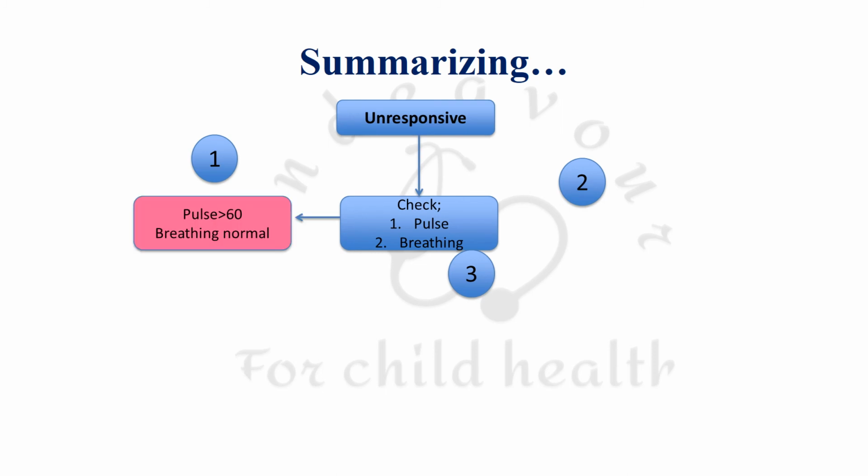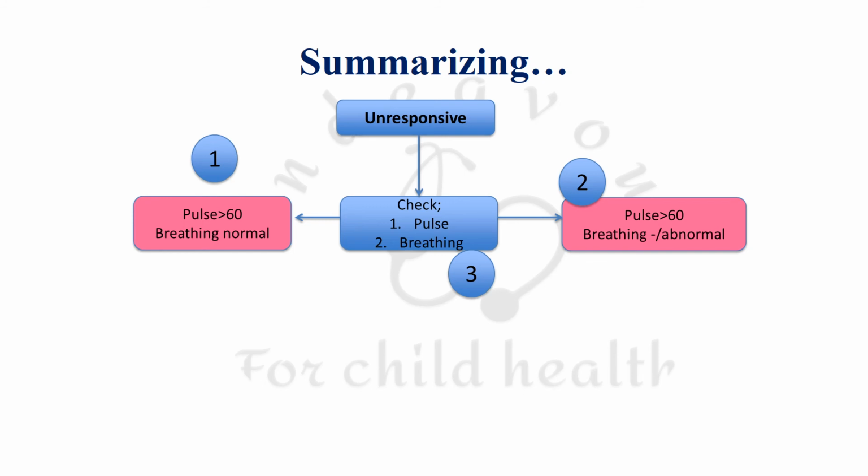The first scenario is that the pulse is more than 60 and the breathing is normal. That is, only one thing is impaired, that is, the child has impaired consciousness. The second scenario can be the child is unresponsive, his pulse is more than 60, but his breathing is either absent or abnormal. That is, 2 out of 3 parameters are impaired: the consciousness and the breathing.